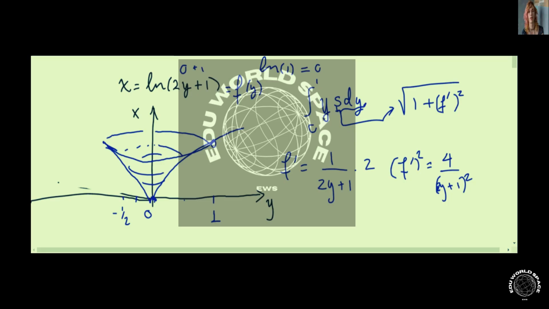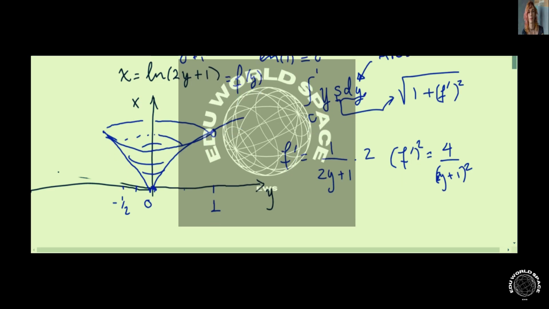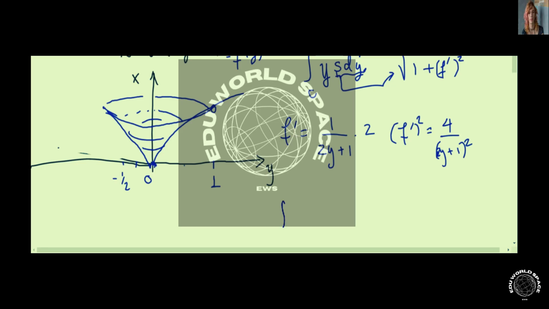This here is y, so this is the area of rotating about x, which is this integral: the integral from 0 up to 1 of y times the square root of 1 plus this term, 4 over 2y plus 1 squared, and then dy.